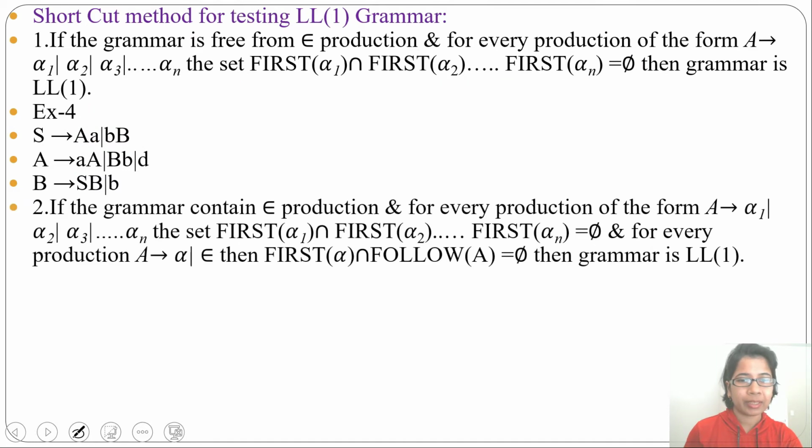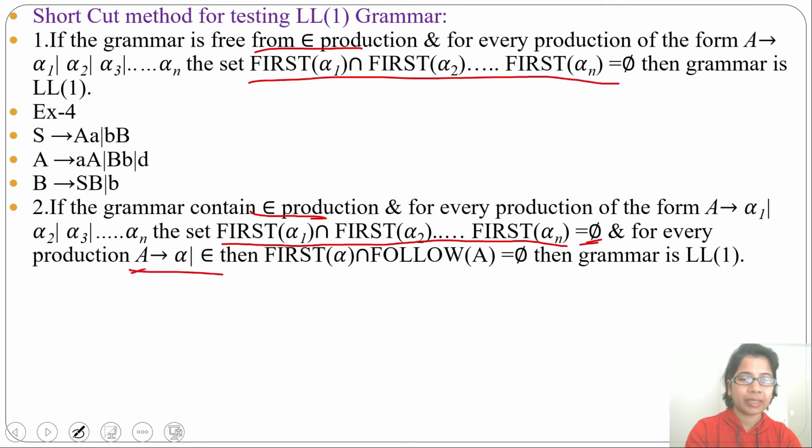Next shortcut trick: if there is an epsilon production. Here there was no epsilon production. If there is no epsilon production, then you can just find first of the right side. If there is something common, then it is not LL1. Now if there is an epsilon production, then first find the first of the right hand side. If it is phi, then check this part.